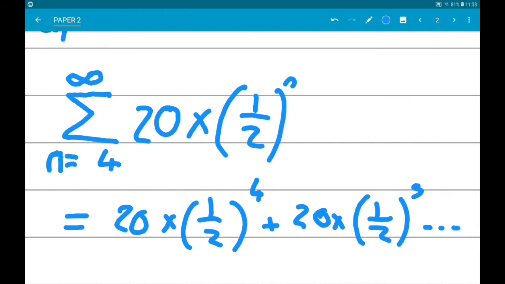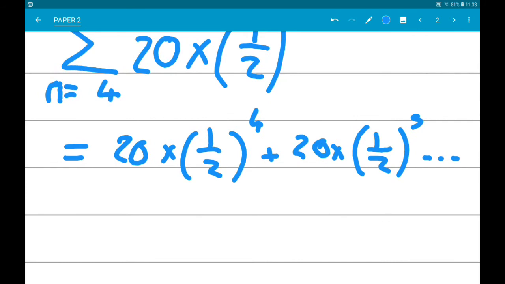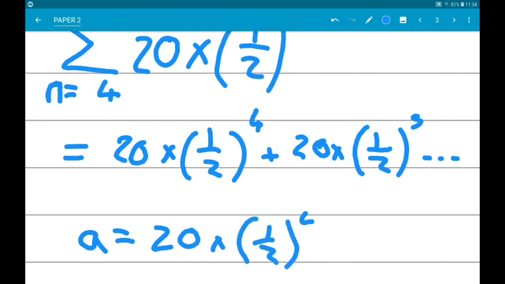So, our first term is 20 times 1/2 to the power 4, now that gives us 1.25.